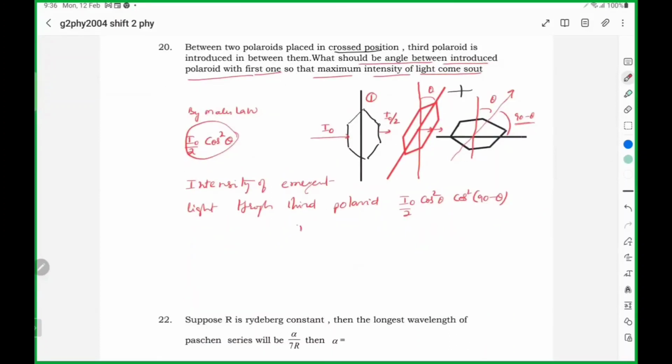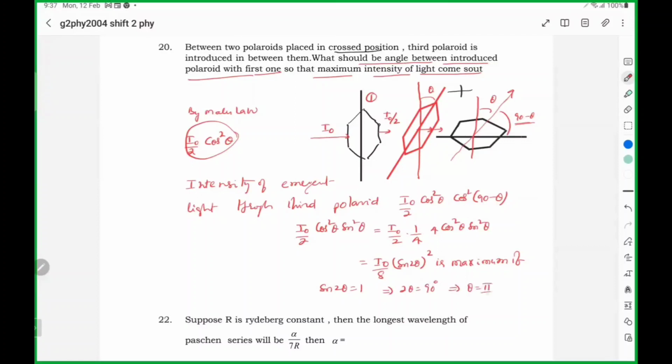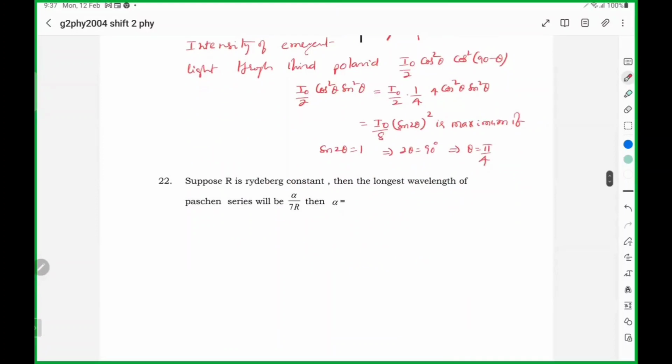So this is I naught by 2 cos square theta sin square theta. So I can write this as I naught by 2 into 1 by 4 into sin 2 theta whole square. It is maximum if sin 2 theta is 1, 2 theta is 90, theta is pi by 4. Right?